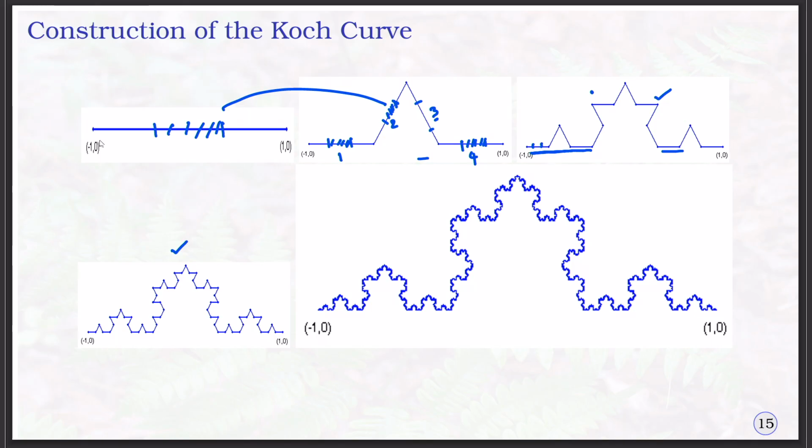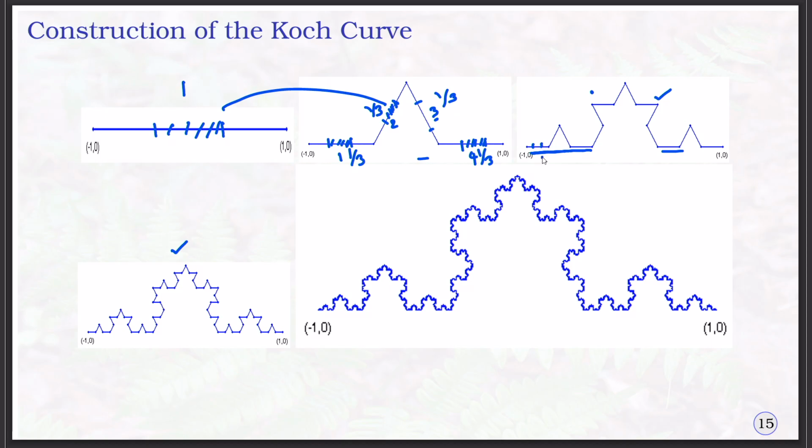Fine. So, here the length of the interval is 1, then what is the length of this interval? This line segment, we divide into 3 equal parts, therefore each has an equal side length of 1 by 3. This is 1 by 3, this is also 1 by 3, this is also 1 by 3.